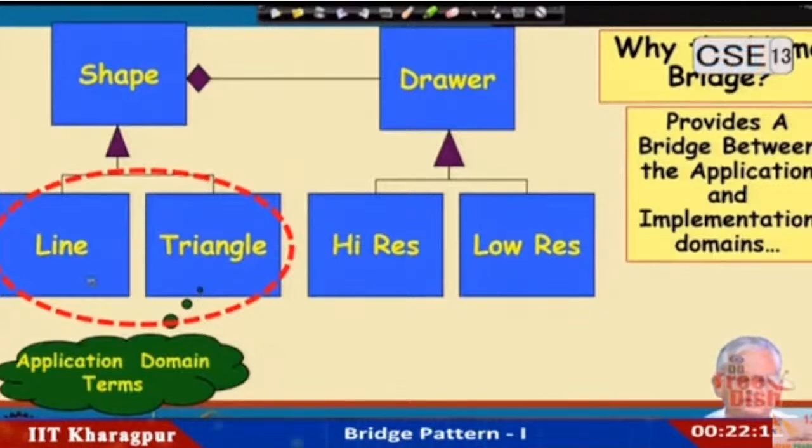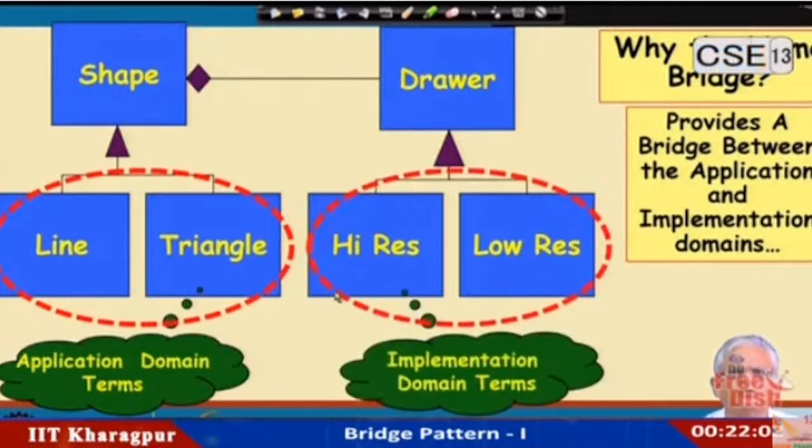We still call those line and triangle because these are application domain terms. On the other hand, in the implementation domain, we have terms like high resolution, low resolution, transient view, and so on.